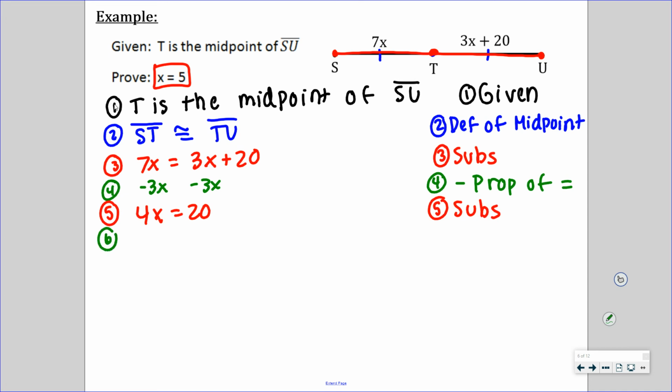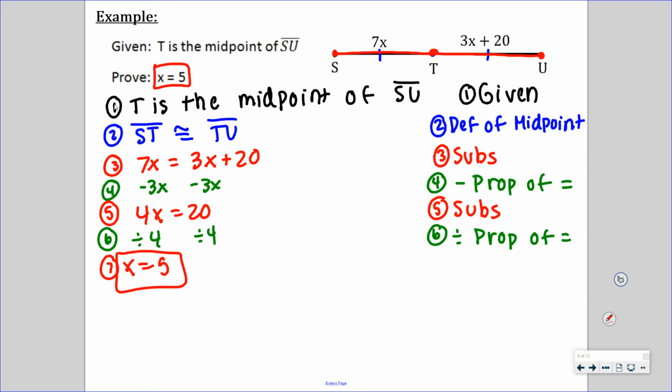Two more steps. Divide by 4. Division property of equality. And we get x is 5. And again, that's what we were trying to prove. So we're done here, and that would just be subs for the justification.